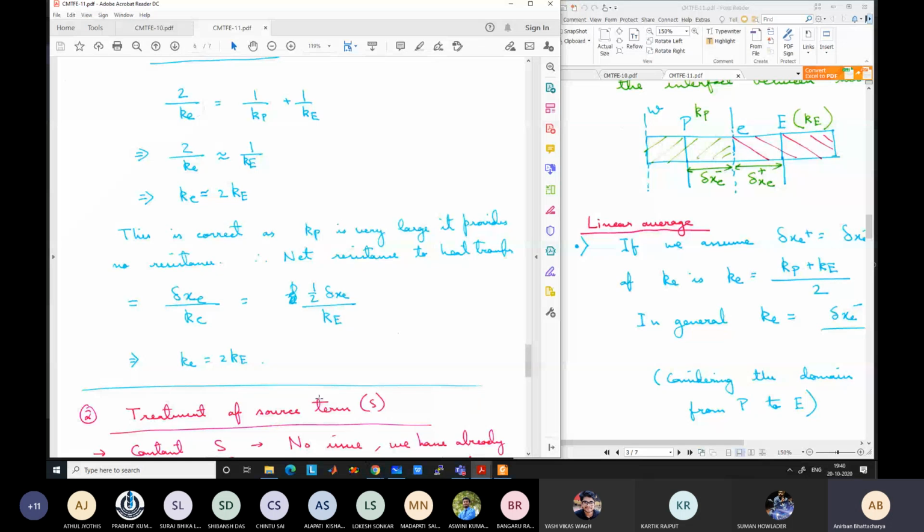But if a situation arises like this, where there is a composite material or a drastic sudden change in conductivity, like you have flow occurring and suddenly there is a metal block within the flow which is obstructing it, the fluid has a very low thermal conductivity. Although the flow equations will be correct, conduction has to be calculated within the block also, and there will be a sudden jump in conductivity from the air to the metal block. In that type of situation, we have to be very careful. Questions?